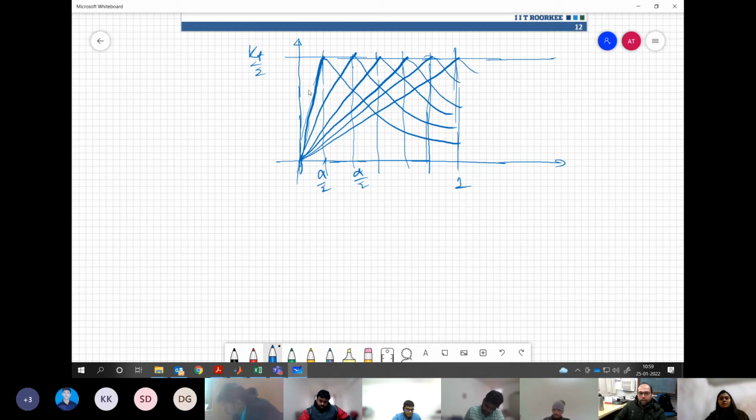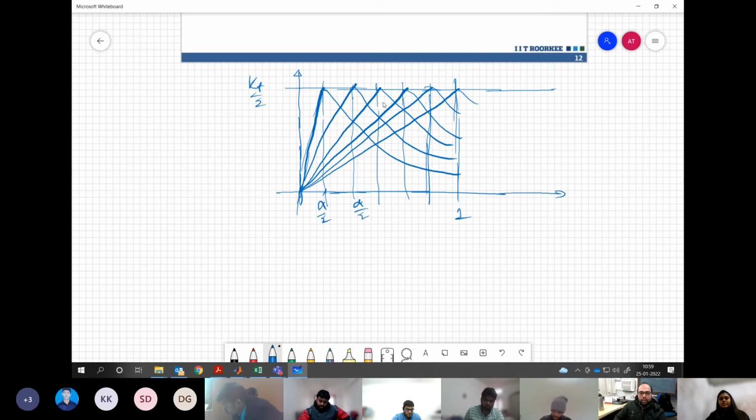Fine. Now if we write resistance R external is 0 over here, this is the natural characteristic the motor is having. Then some R1 is inserted, R2 is inserted, R3, R4 and R5. So we know that R5 has the highest value.